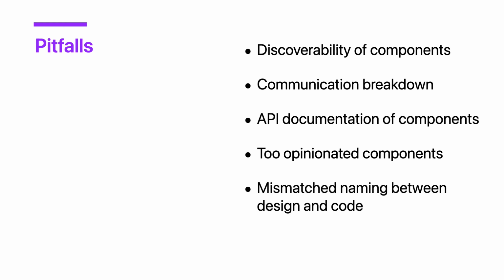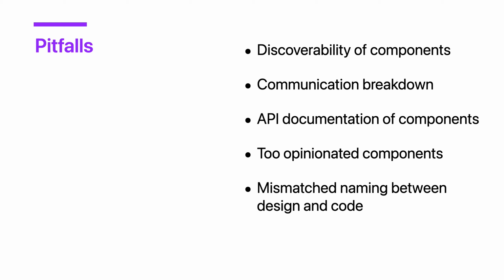I touched a little bit on this with the communication breakdown, but there's also a mismatch between naming, especially for design and code. A good example is if a designer talks about a toggle, an iOS engineer might think, oh, that's a switch. That's a naming difference that both know about.